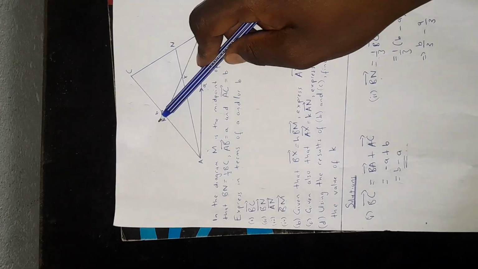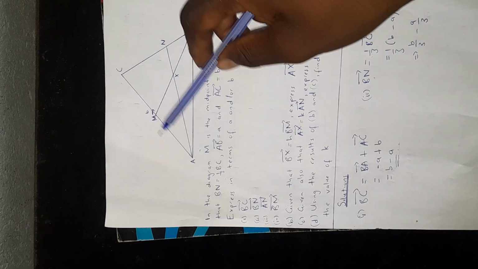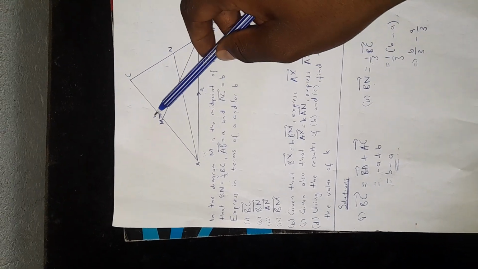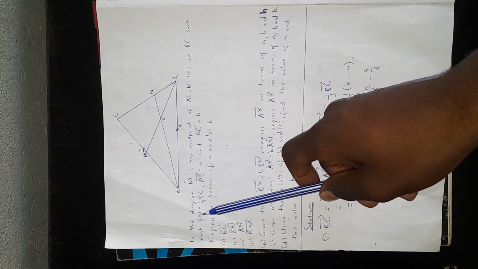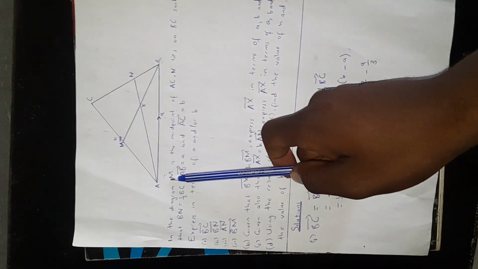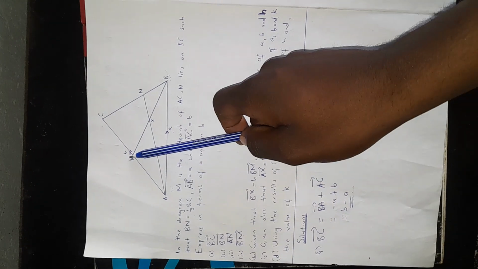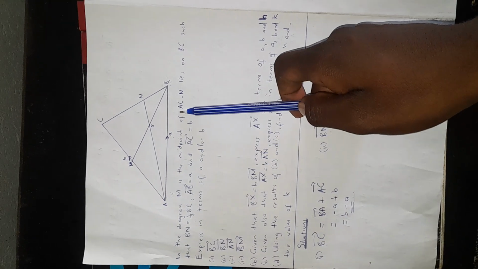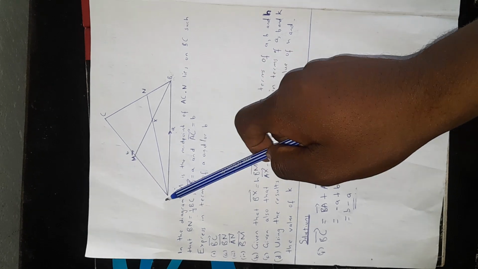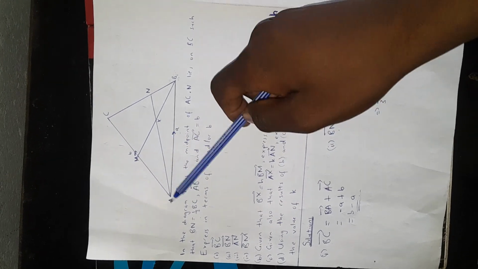Negative A plus AM. Now we want to know the value of AM here, because we are not given the value of AM. We are only given the value of AC, which is the small letter B here. In the information, they're saying that in the diagram, M is the midpoint of AC. So our AM is half the distance of AC.